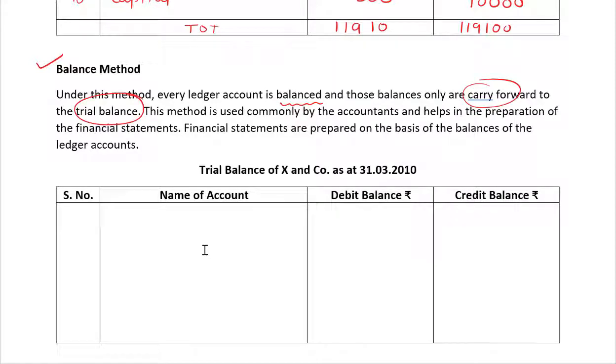This method is commonly used by accountants and helps in the preparation of financial statements, that is P&L and balance sheet. Financial statements are prepared on the basis of these balances of the ledger accounts. So this is very famous and the preferable method for accountants.